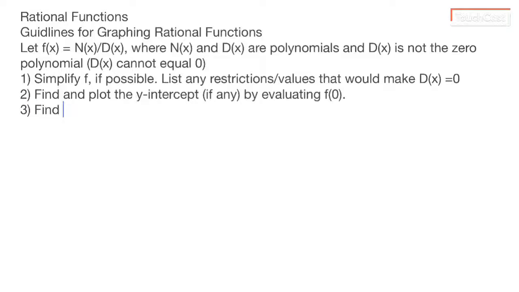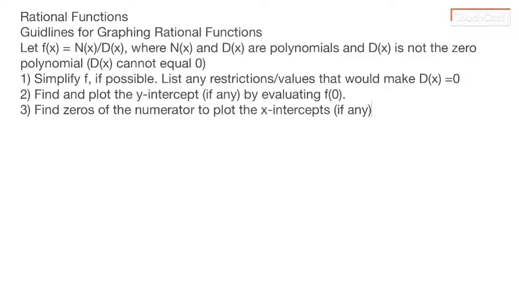Then we're going to find zeros of the numerator to plot the x-intercepts. Again, if there's any. And you can use your calculator to do that. Once we've done that, we're going to find zeros of the denominator to sketch any vertical asymptotes.